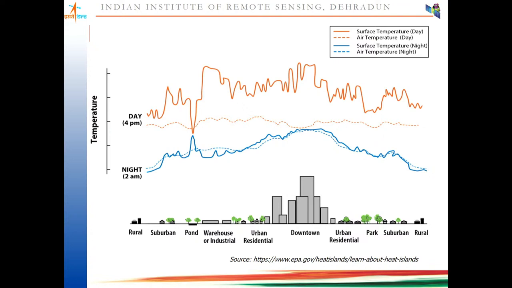And if we look at daytime and nighttime, in this study they found that there is quite a good difference between air temperature and surface temperature during daytime, but at nighttime surface temperature and air temperature almost follow a similar kind of profile.